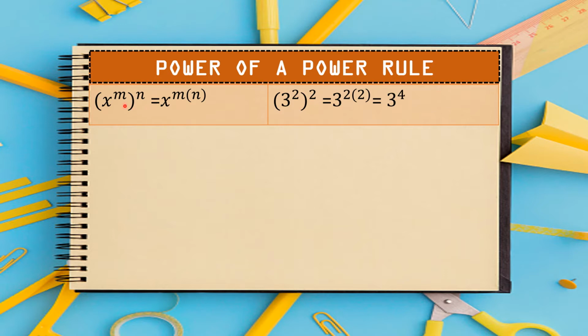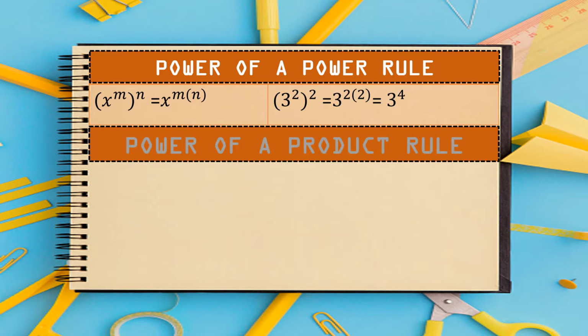Here, multiply powers together when raising a power by another exponent. Example, 3 raised to 2 raised to 2 is equivalent to 3 raised to 2 multiplied by 2, and that is 3 raised to 4.